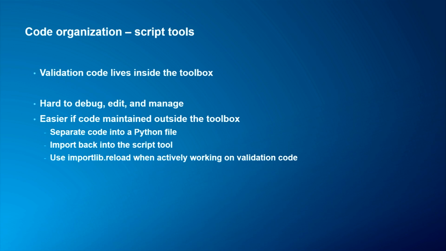But now, with a script tool, one always present obstacle is that the validation code actually sits inside the toolbox. That's a little difficult in one respect because it's hard to manage. If you're doing any code tracking, who knows what's happening in that binary TBX file?